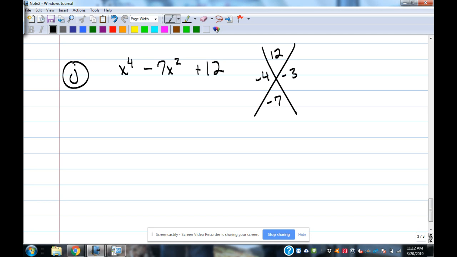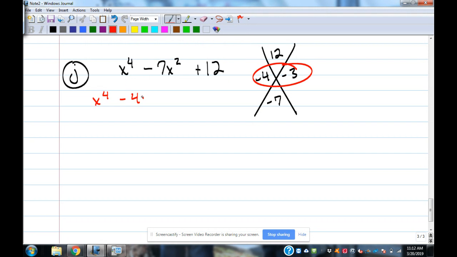-4, -3. Now, technically, you could do a shortcut here. I think it shows a little bit better if you don't. Remember when we did grouping before you learned that shortcut for factoring a quadratic, you always replace that middle piece with those 2 sides on the x there.